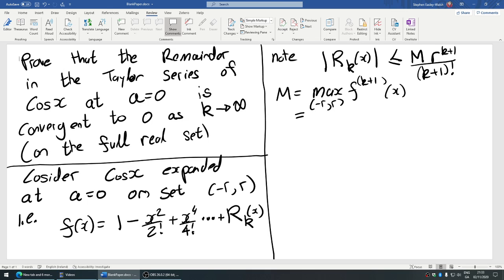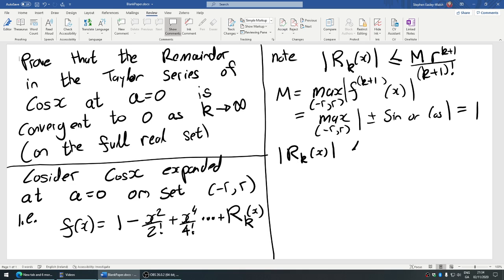Now, the maximum here is the maximum on minus R to R of either plus or minus sine or cos, because if you differentiate cos, you're going to end up with either sine or cos plus or minus, and so clearly that maximum is 1. So that means that the remainder term will always be less than or equal to R power k plus 1 over k plus 1 factorial.